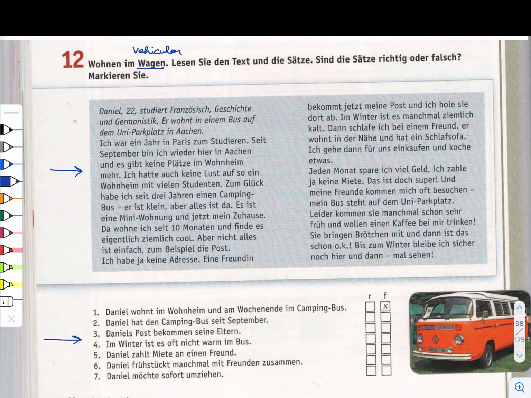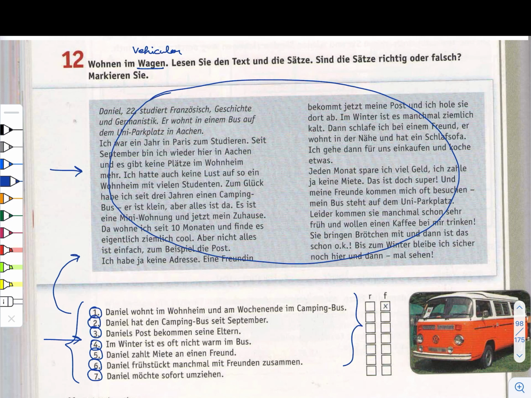What I did, first I read the sentences, so that I can get a picture of what they're talking about, and then I go to the text. When I complete the text and come back to the sentences, I have a clear picture whether it should be right or wrong. So it all depends on you.